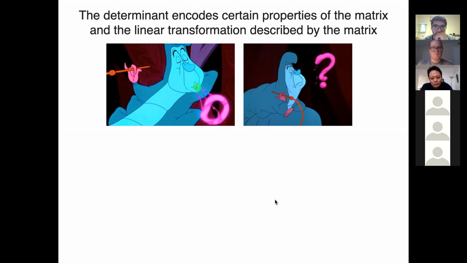Can people throw out some things the determinant is telling you about the matrix? We said first, when the determinant's 0, that means the matrix is singular. It doesn't have an inverse. When the determinant's 0, it means the columns are linearly dependent. Right? How else do determinants come up?